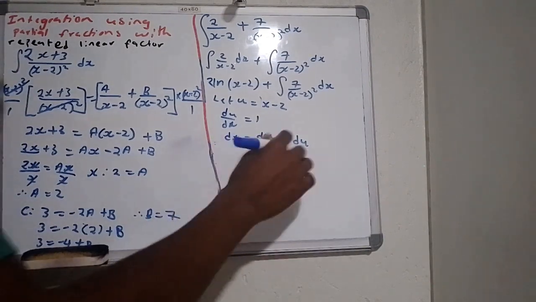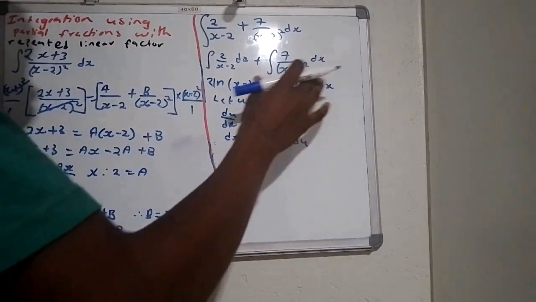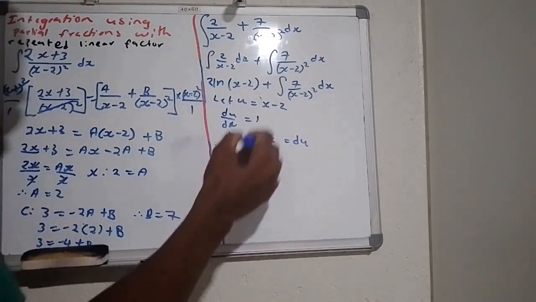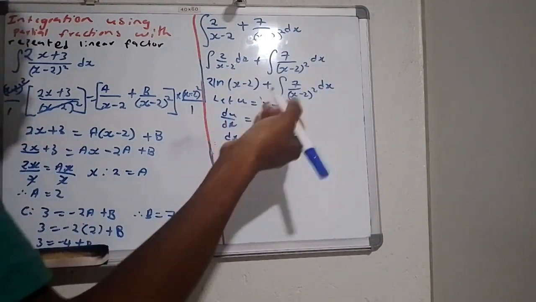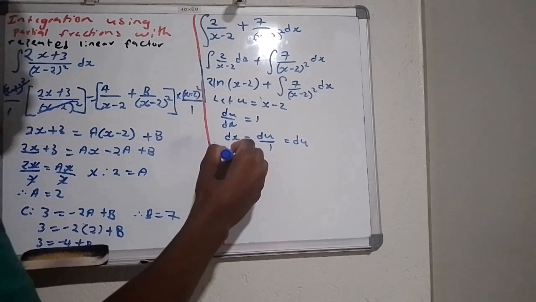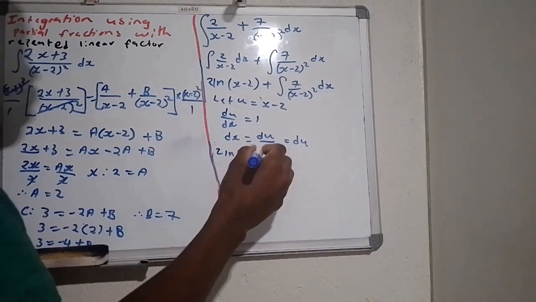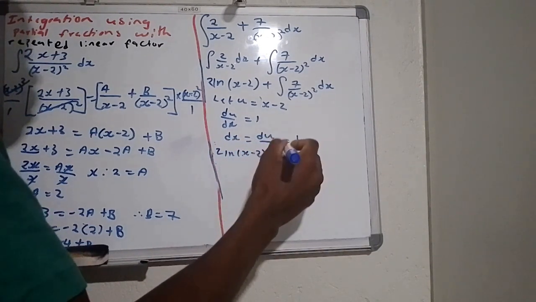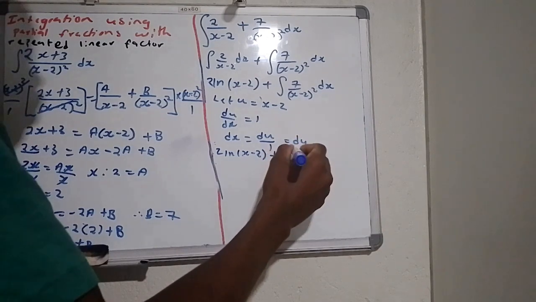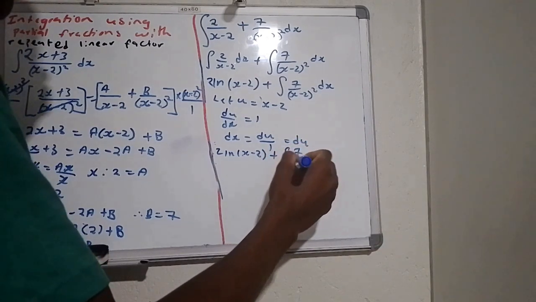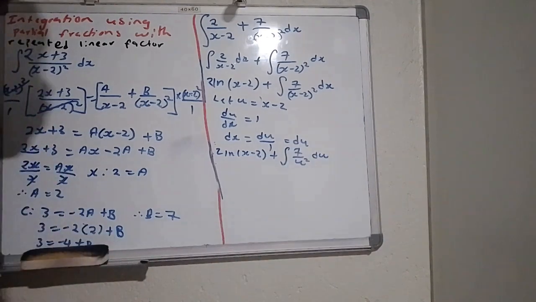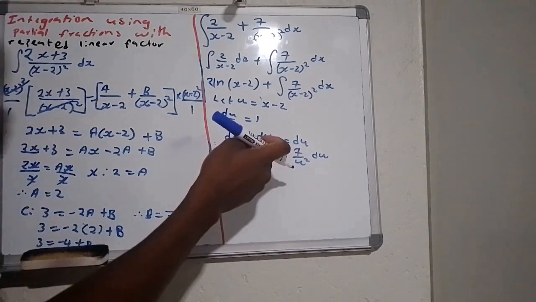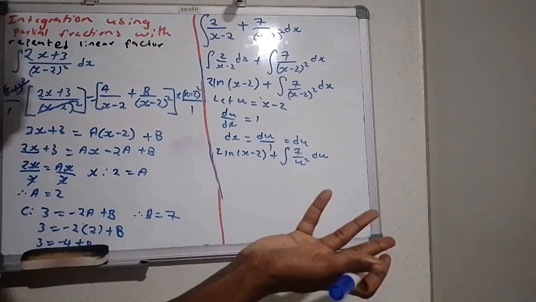Then I substitute dx and u there. I'll have 2 ln of x minus 2 plus the integral of 7 over u squared du, because this is du over 1, which is similar to saying du.